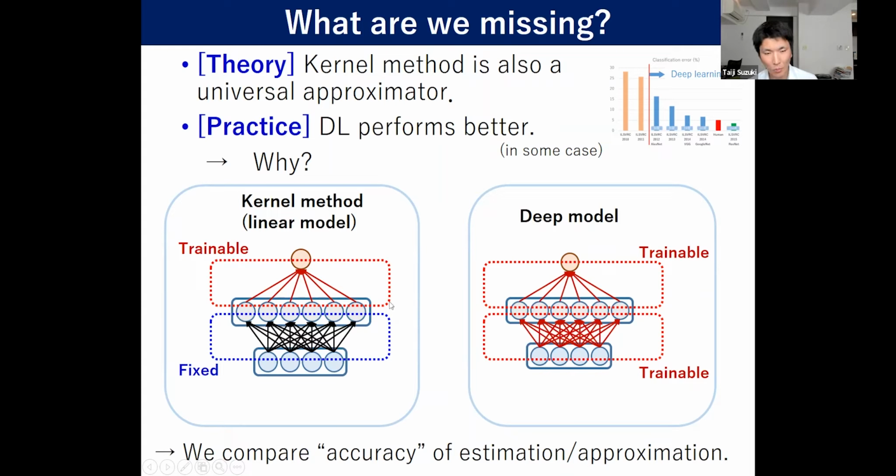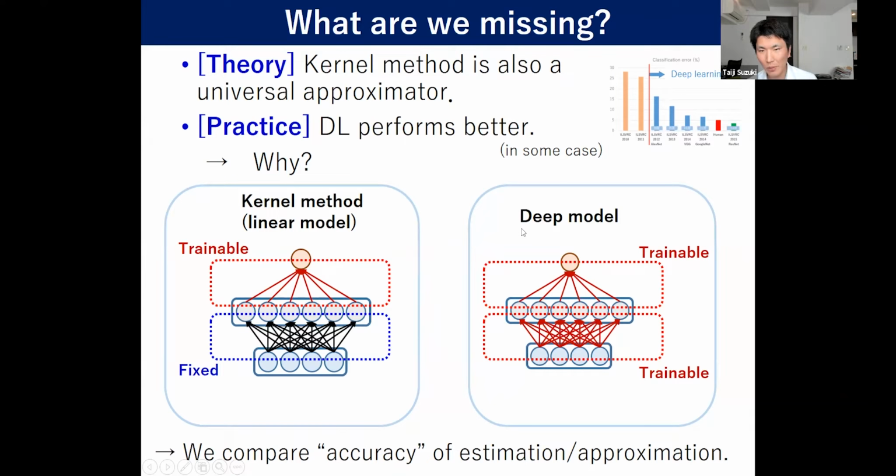Because we fix the first layer's parameters, this is just a linear model. We only train the second layer's parameters. So this is called the kernel model.